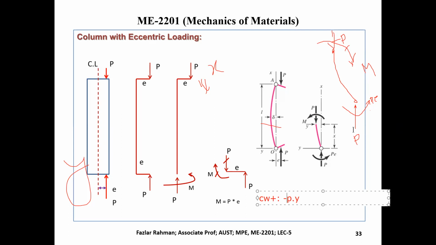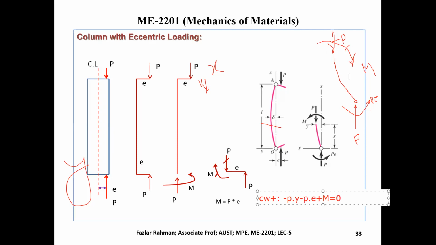Then you have one more moment, P into this distance, that is y, into P e. So this one is also minus P into e. Plus you will have this M. So I am saying this M equals 0. From there, you can figure out the value of M. That is our target. We need to figure out the value of M.